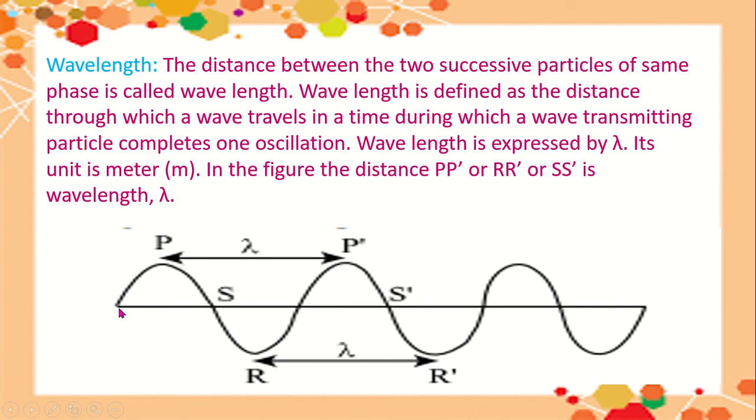From this point to this point, the wave completes one vibration, and this distance is also the wavelength. The symbol of wavelength is lambda, and its unit is meter. Look here, P prime, R prime, S prime are in the same phase, and this distance is also wavelength.